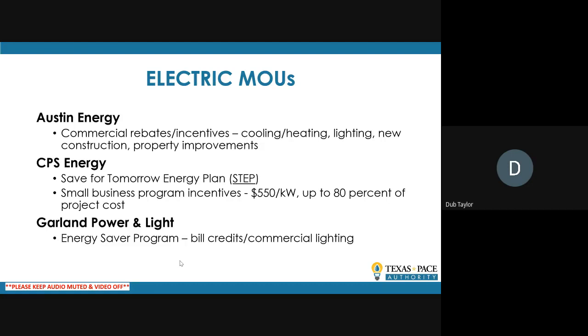Under that, there are a host of different incentives and programs available. The small business program incentives are $550 a kilowatt, up to 80% of the project cost. And then there's a lot of individual program incentives under that. So CPS and Austin, being very large municipally owned utilities, tend to have more offerings.